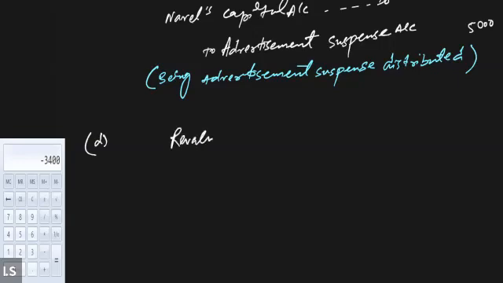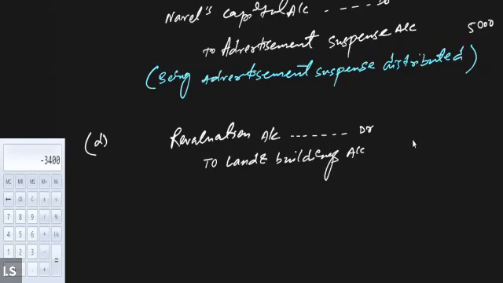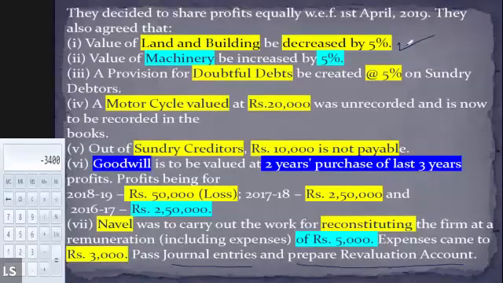Revaluation account debit, to, tell me, to land and building. Is this clear? Yes or no? Yes, sir. Okay.